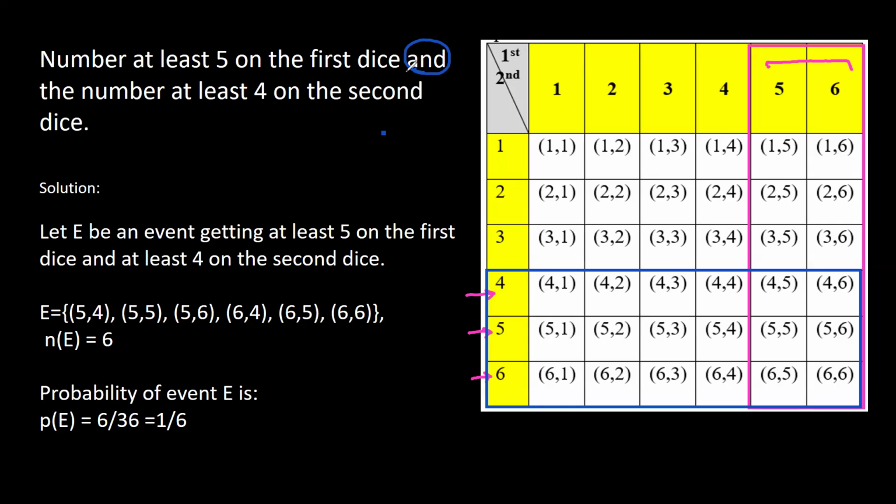For example, it is written that E is the event of getting at least 5 on the first die and at least 4 on the second die. So we want to collect such points in which both of these conditions are merged. Here is the common part of both cases, which I just want to highlight in this position.